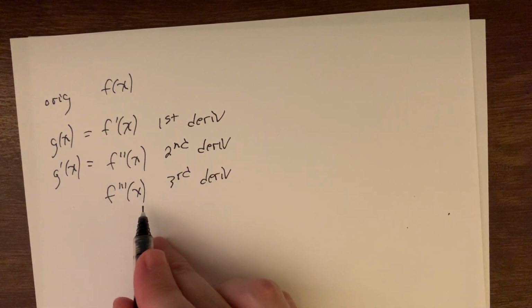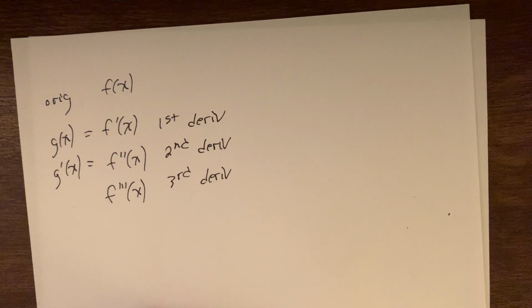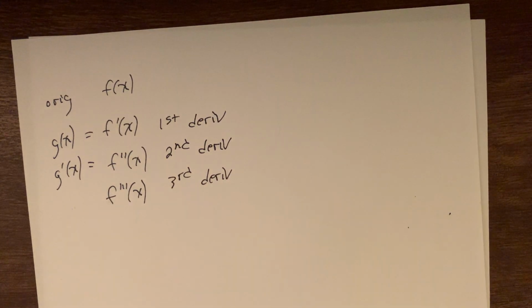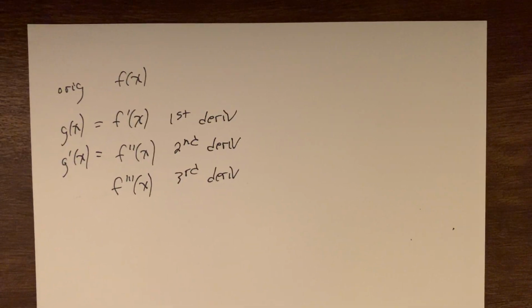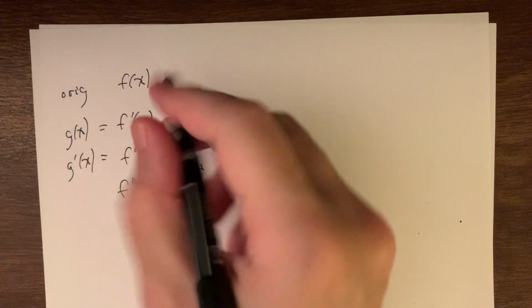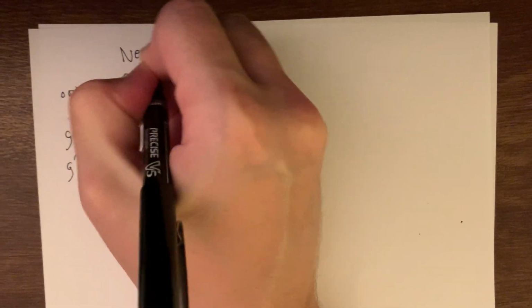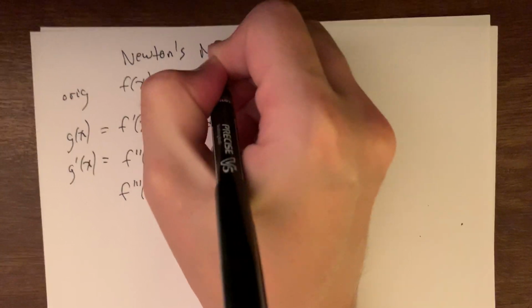We'll occasionally maybe touch the third, but this could technically just keep going on and on. So we'll get to how those connect, but that's just our first thing to realize: that we're not limited to just one derivative, that we could keep going with this derivative process and get more derivative functions. And some people refer to this as Newton's notation.